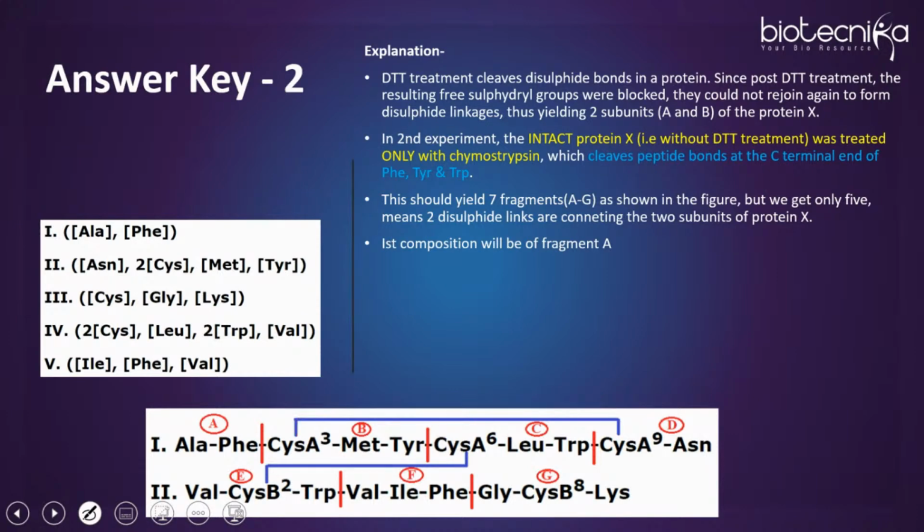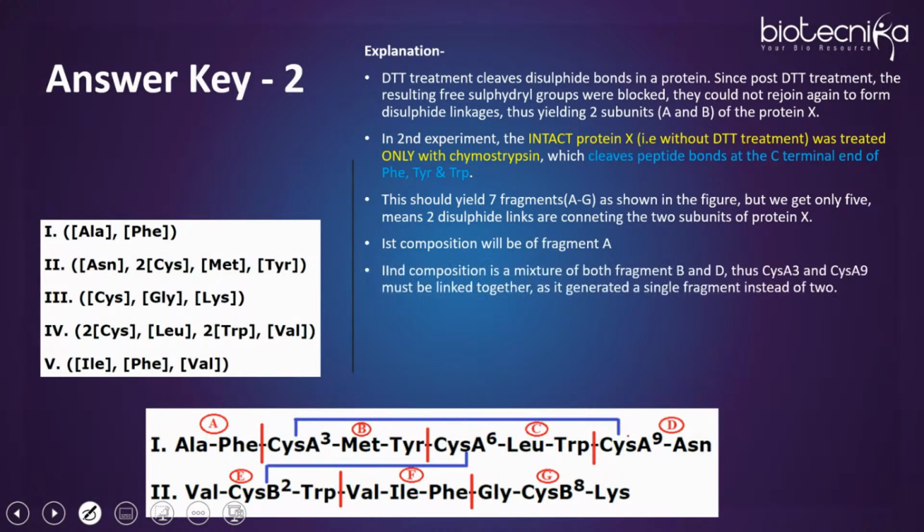But here it did not get broken. That's why you got this fragment and this fragment together as one fragment, because they were linked with a disulfide linkage. So the second composition is a mixture of both fragment B and D. Thus we can say cysteine A3 and cysteine A9 are linked together. So that's one of your disulfide linkages.